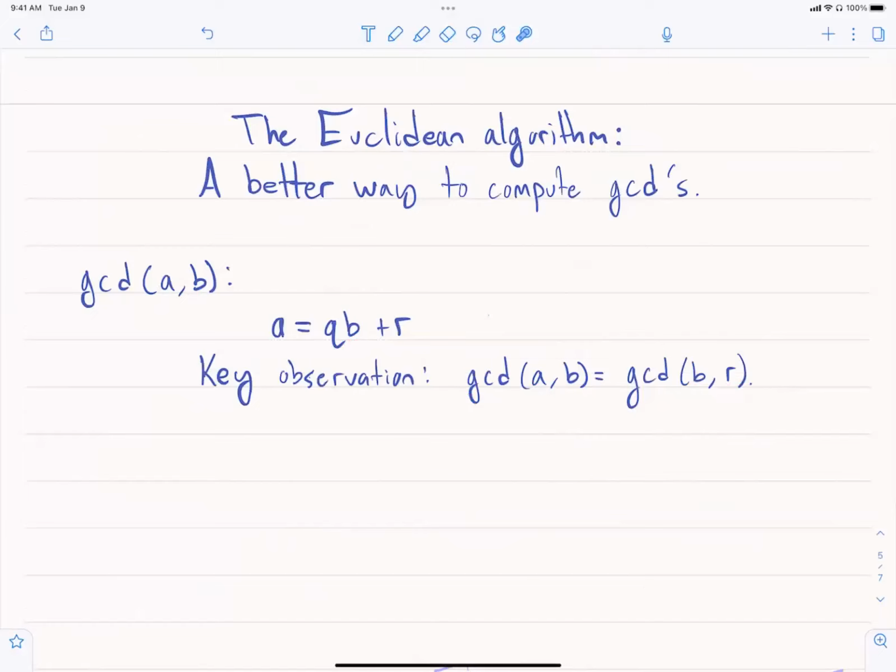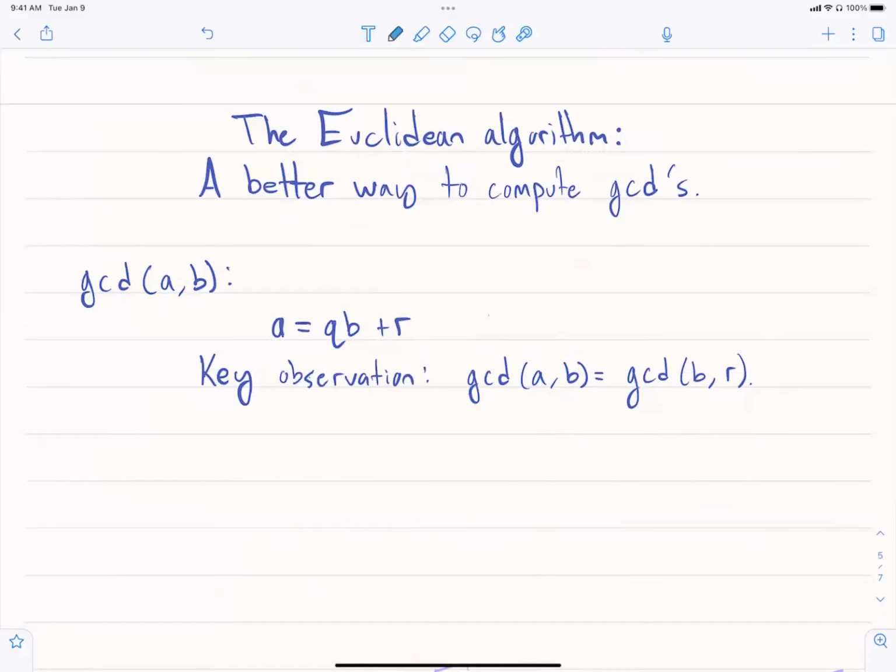The Euclidean algorithm basically just iterates this until you get the GCD of two very small numbers, and you just have to do a bunch of divisions on the way. We'll see that in a second, but let me justify this observation that if A equals QB plus R, then A and B have the same GCD as B and R.